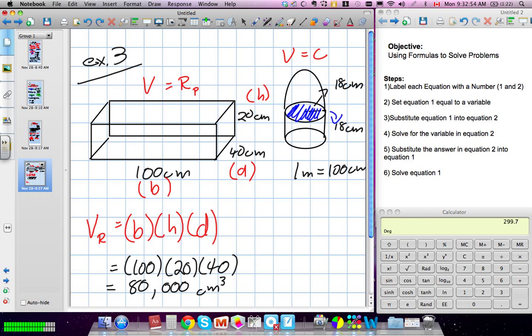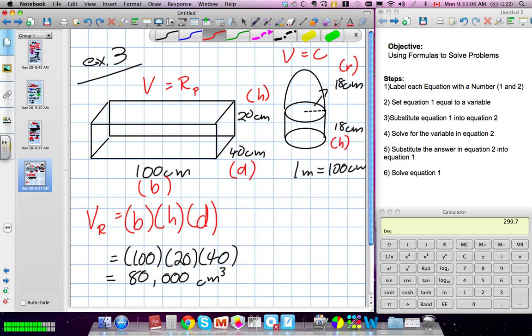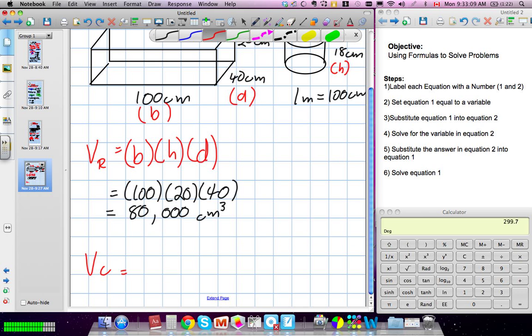My volume of a cylinder is the area of a circle times the height. So area of a circle is pi r squared times our height, which is 18. Our h was 18 in this question, and our r was 18. So the only other thing I need to plug in for now is my radius.